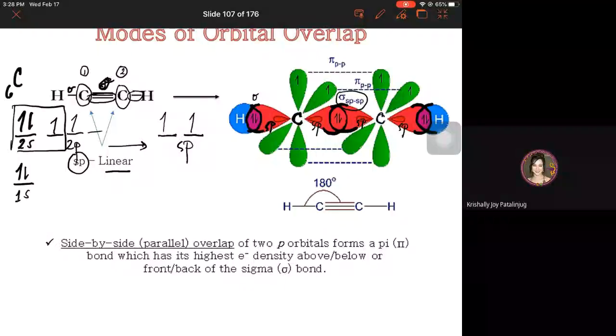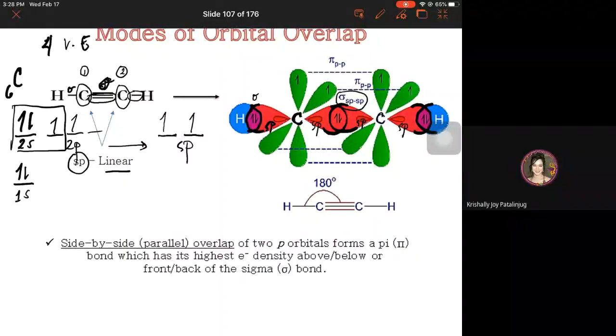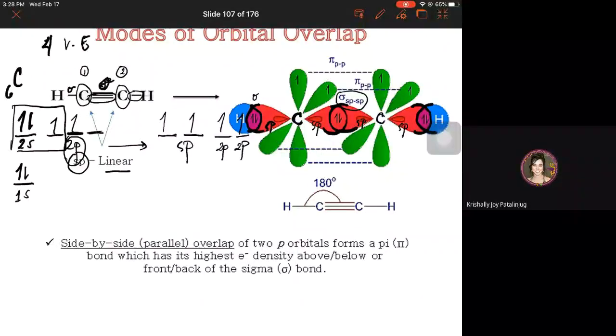Alright? Now, a carbon has 4 valence electrons. That is why meron pa siyang remaining na dalawang 2p. Alright? So, sa 2p, merong half-filled. That is why each carbon, meron silang dalawang half-filled 2p orbitals. Okay?